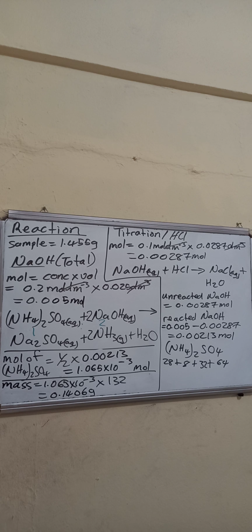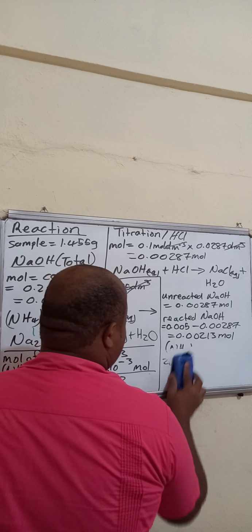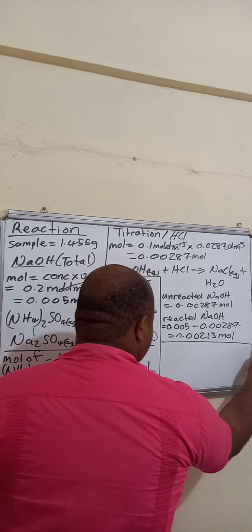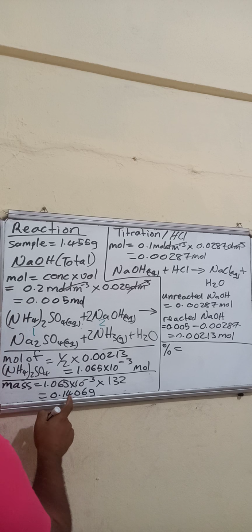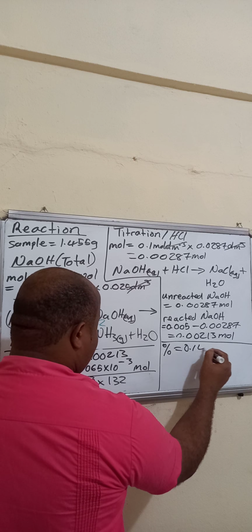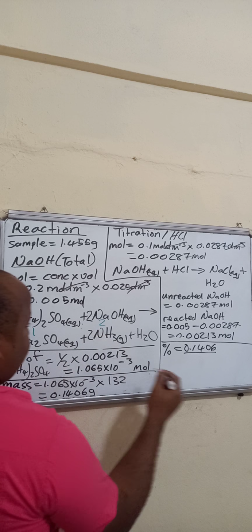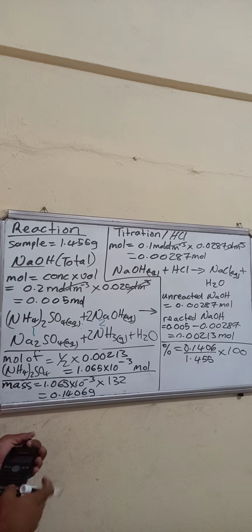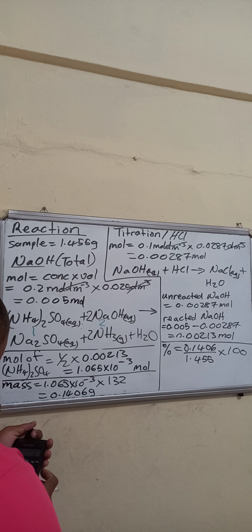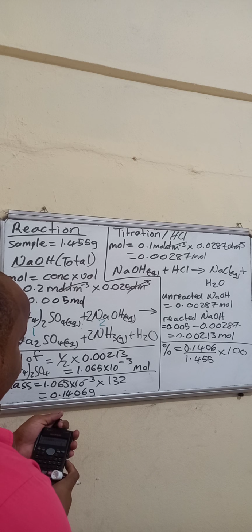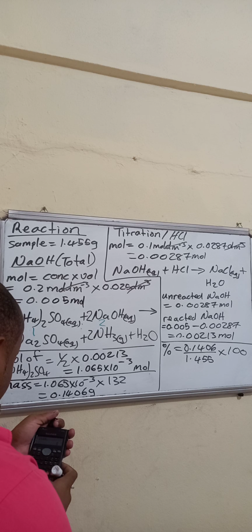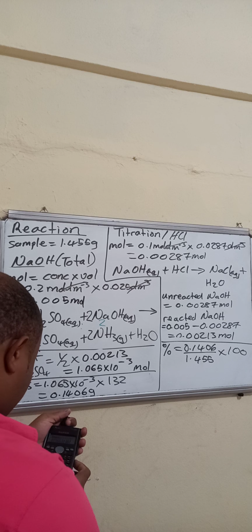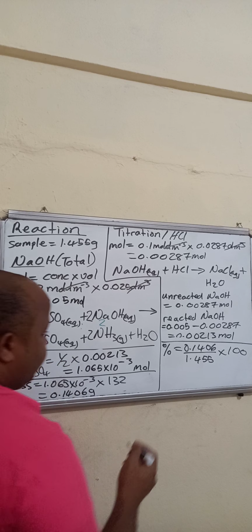So remember, percentage is the mass of the compound, in this case 0.1406 divided by 1.455 times 100, with 9.66%.